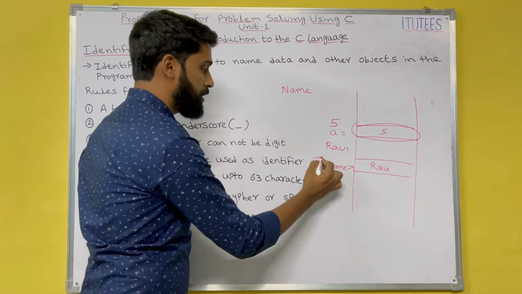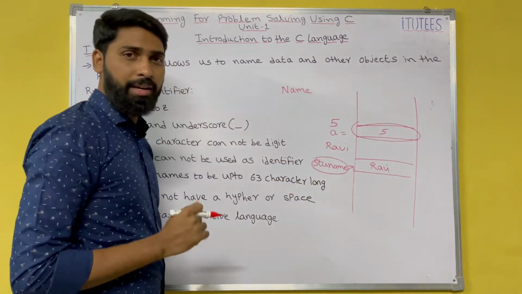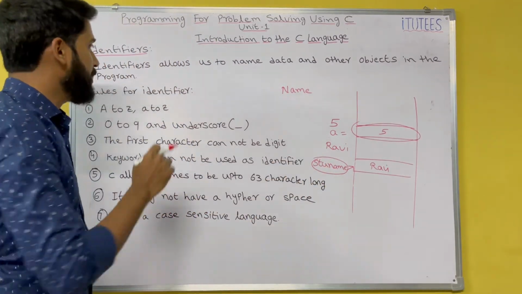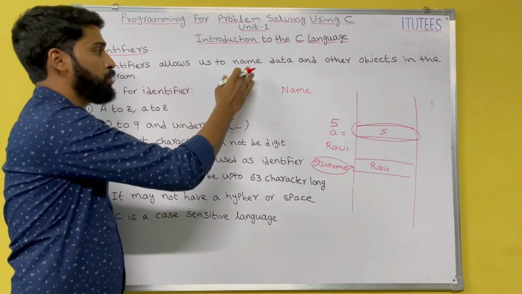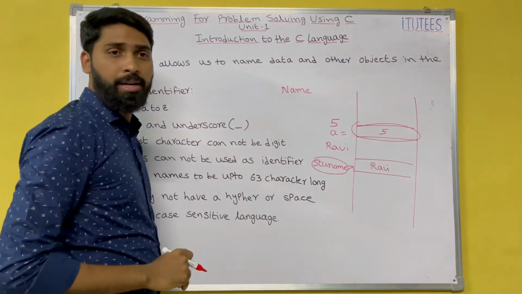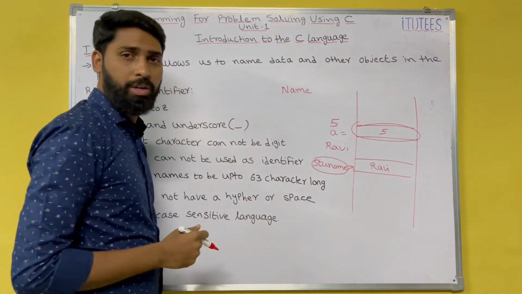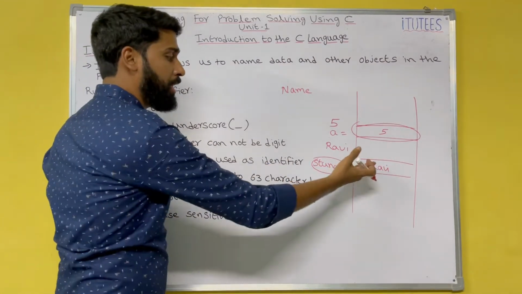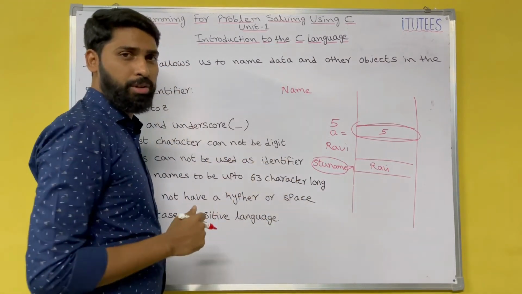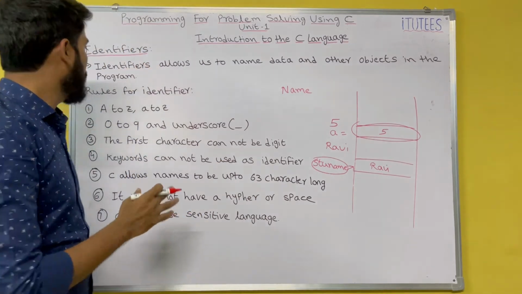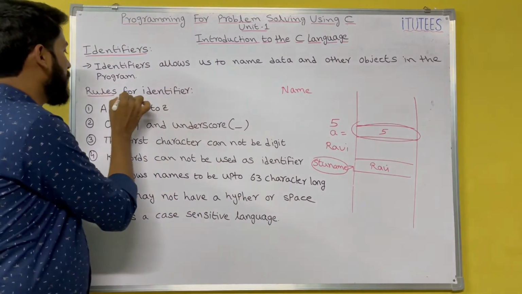So now this stu_name is the identifier. The identifier allows us to name data. Here the data is Ravi. How can I name this? stu_name. How can I retrieve this data Ravi? By using stu_name.